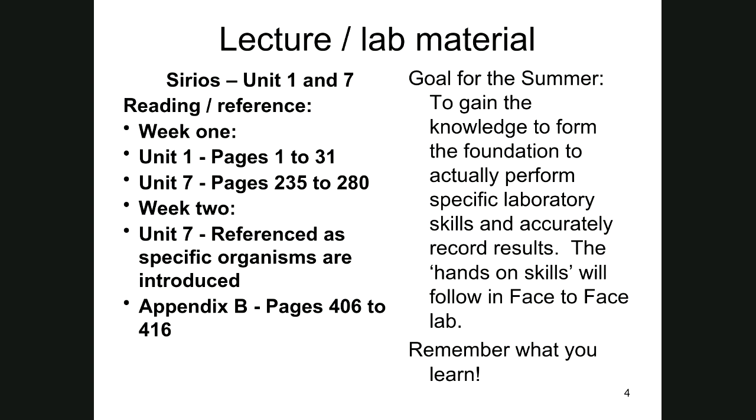This first week we're looking at Unit 1, pages 1 to 31, and then Unit 7. And it's all of Unit 7, but then in week 2 you will be coming back and using Unit 7 and Appendix B to reference and understand some of the organisms that you'll be introduced to.